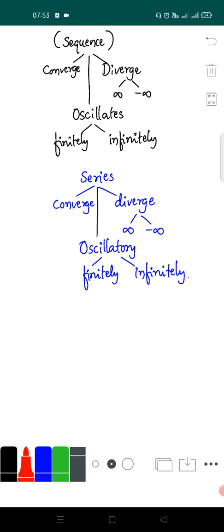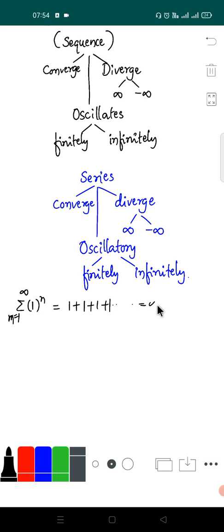Let us give some examples of a series which diverges to infinity. Take 1^n, where n goes from 1 to infinity. If n is 1, that is 1, it is the summation of all ones. If you add all those numbers, you will get to infinity. So it diverges to infinity.